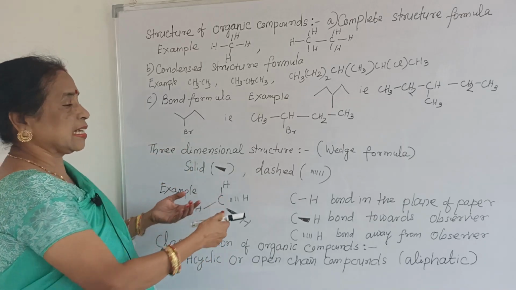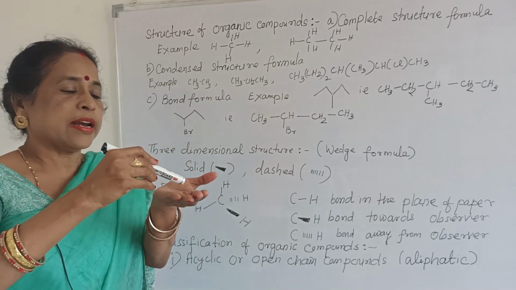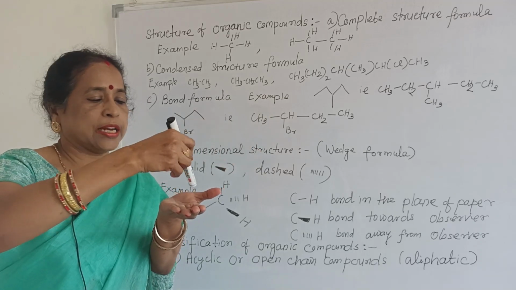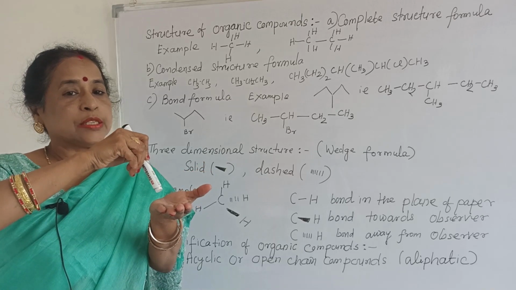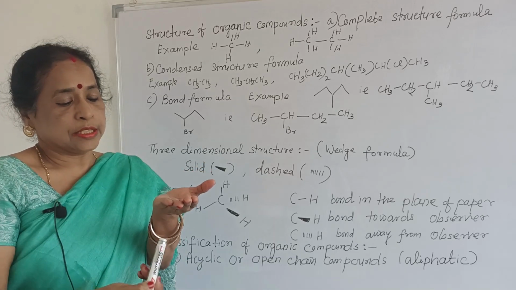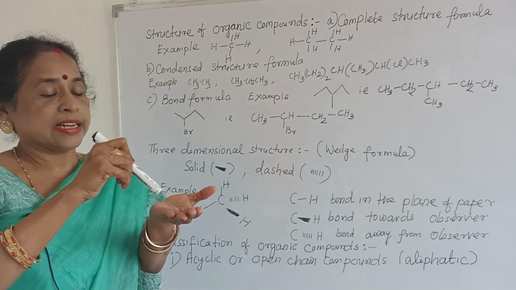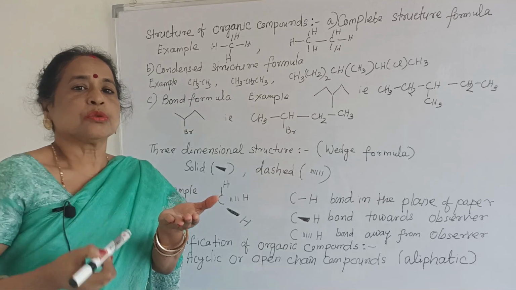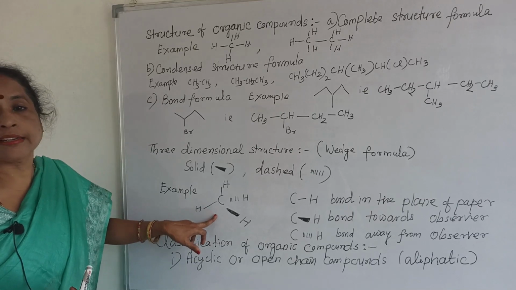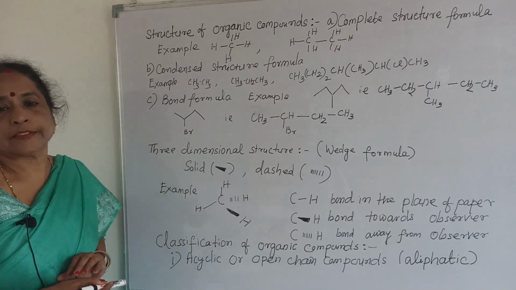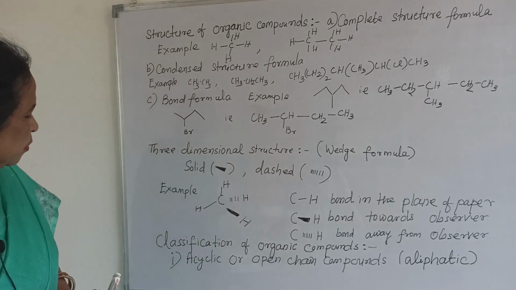Suppose this is a three-dimensional structure where these two hydrogens are in the plane of paper, this is away from the observer and this is towards the observer. This is your dashed line and here it is a solid one. So it indicates the tetrahedral structure of methane.